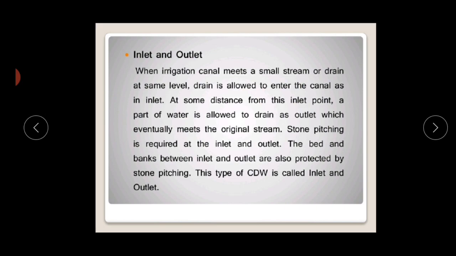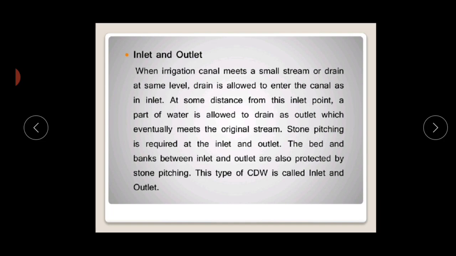An inlet essentially consists of an open cut in a canal bank, suitably protected with pitching, to admit drainage water into the canal. The bed and sides of the canal are also pitched for a certain distance on the upstream side as well as the downstream side of an inlet.